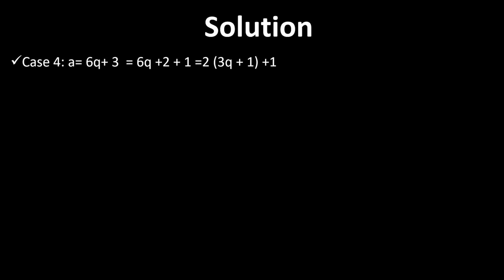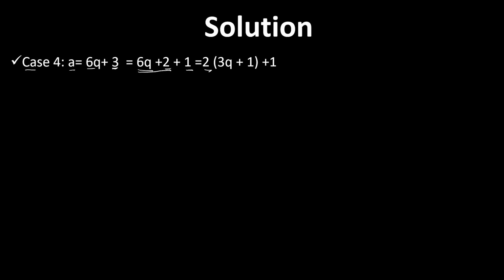Now let's discuss case 4. So in case 4, what are we doing? We are considering remainder as 3. Therefore, a can be written as 6q plus 3. Now this 3 we are trying to write it down as 2 plus 1. So this 6q plus 3 entirely we are writing it down as 6q plus 2 plus 1. Now from these two values 6q plus 2, what are we doing? We are taking 2 common.